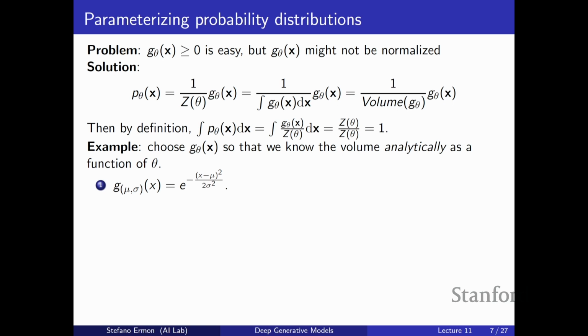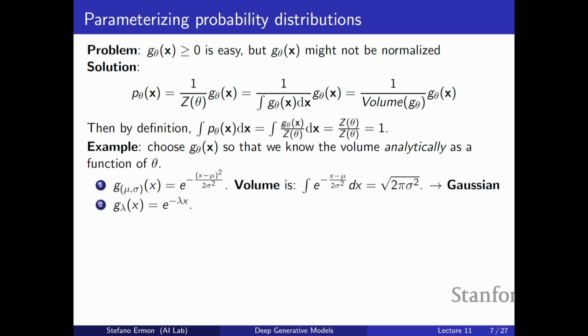By itself it's not necessarily normalized, but it's a simple enough function that you can compute the integral analytically. We have a closed form solution to that, and the total volume is just the square root of 2 pi sigma squared. Indeed, if you take this expression of g and divide it by the total volume, you get the Gaussian PDF. So you can think of that strange scaling factor in front of the Gaussian PDF as the total volume that you have to divide by if you want to get a normalized object.